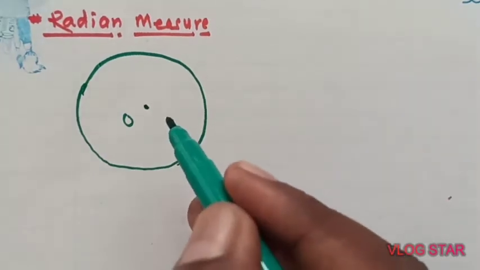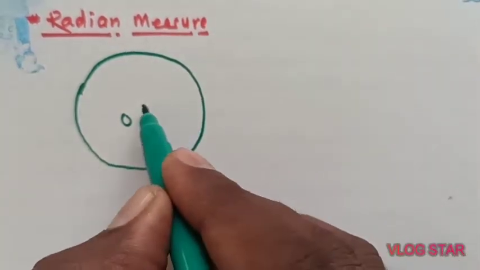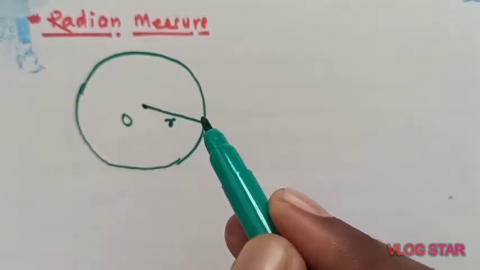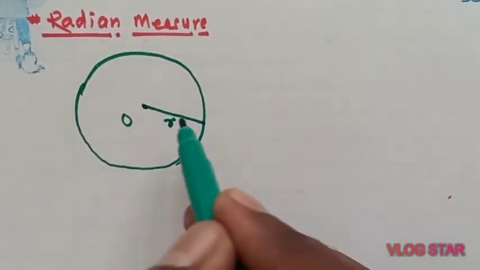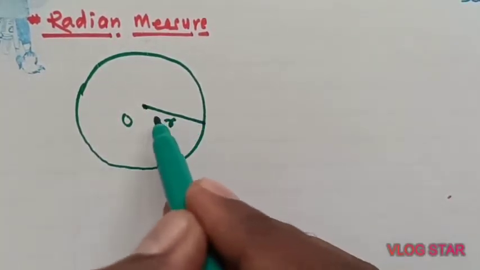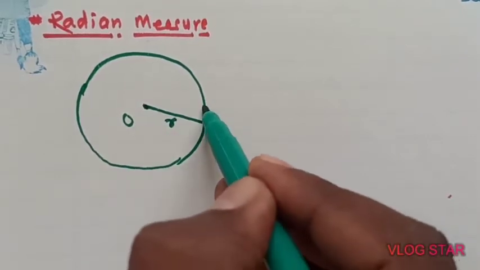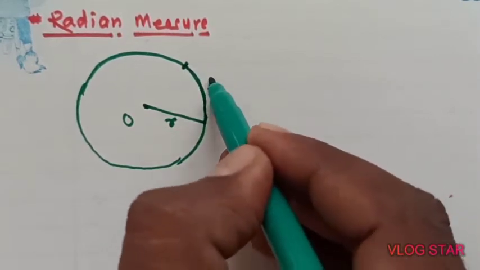Now what do you mean by 1 radian? 1 radian is that angle. If you take a radius R, and take an arc of length equal to the radius, actually this is the length of the arc.